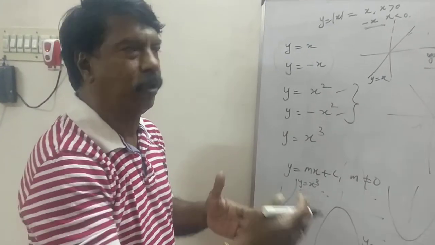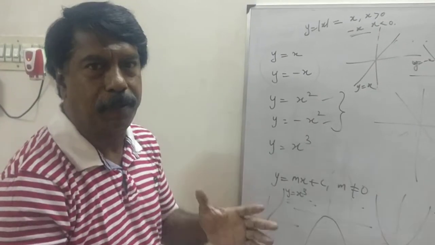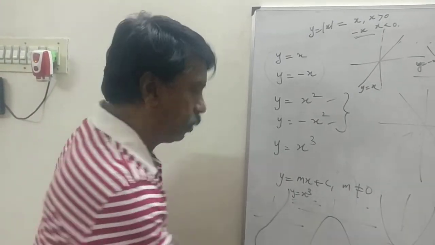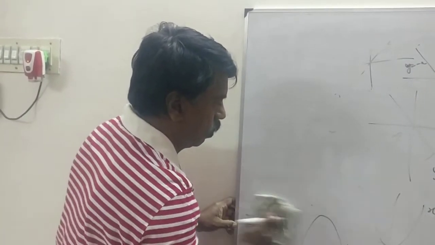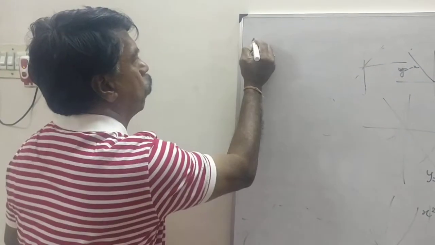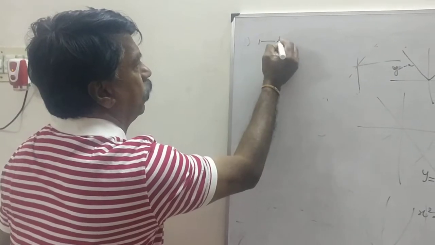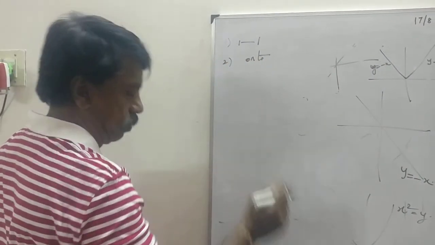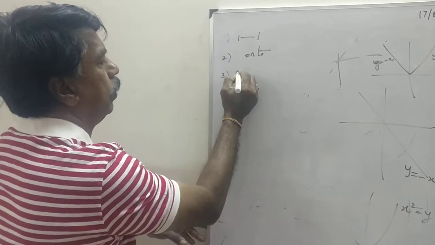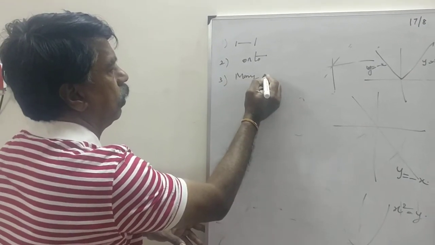Before that, I round off by saying the different types of functions. Totally we have number 1, one-to-one function. Number 2, onto function. Number 3, many-to-one function.